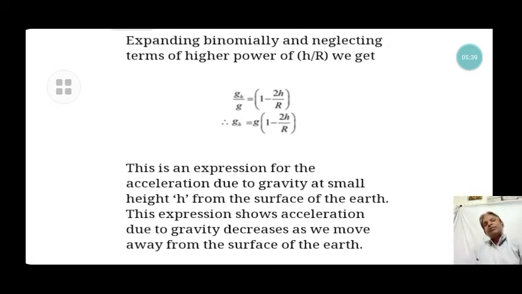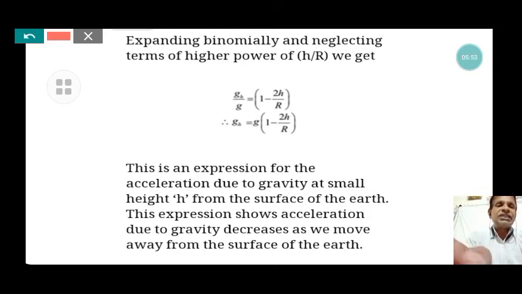When expanding the binomial with the negative exponent, where the higher powers of h by R are neglected, we get 1 minus twice h by R. Now g_h, the acceleration due to gravity at a height h above the surface of the earth, is equal to g into (1 minus twice h by R).